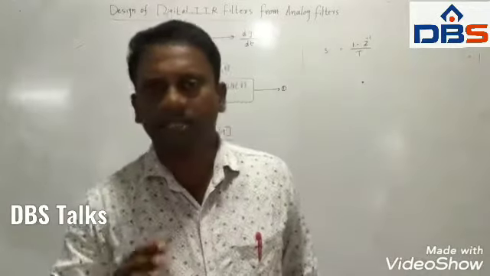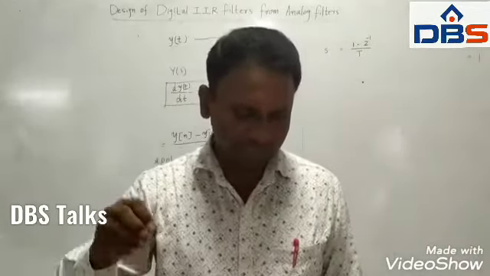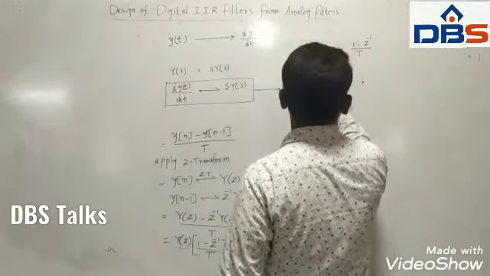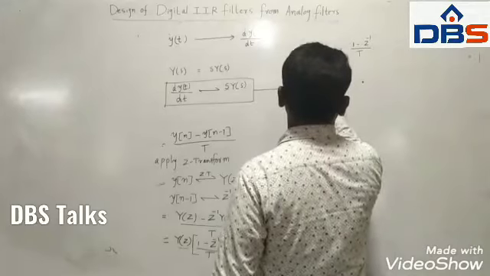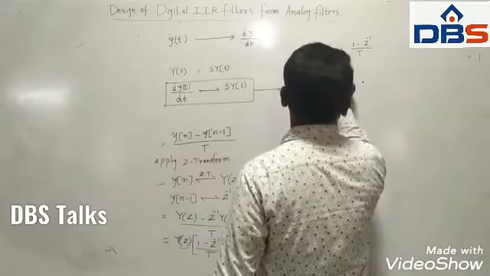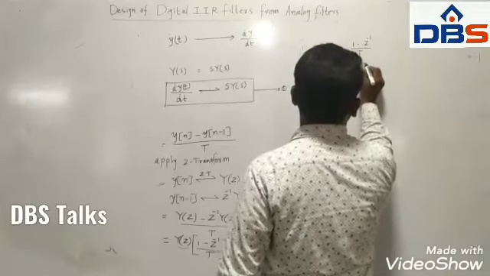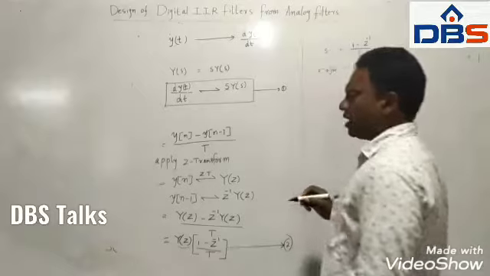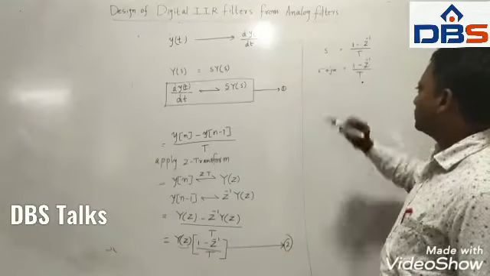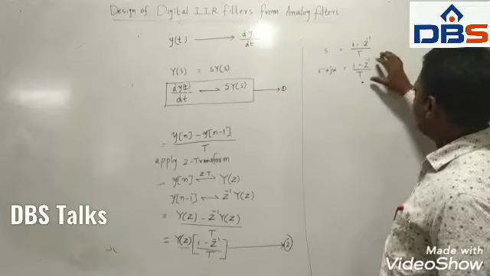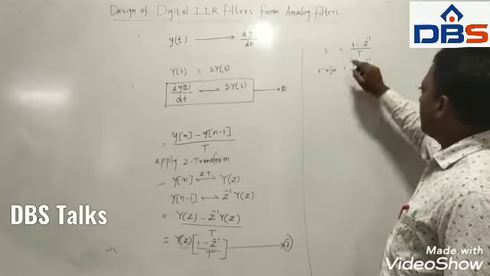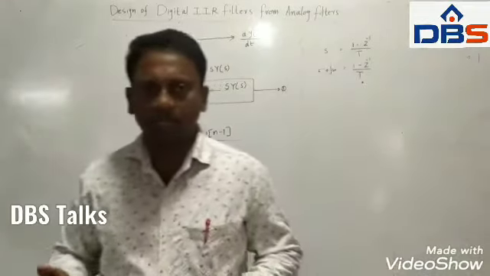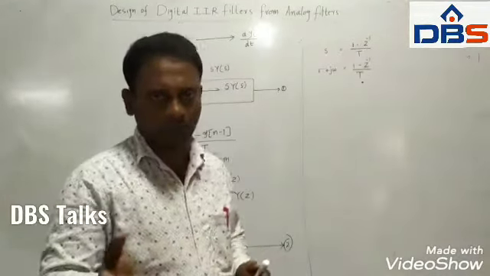S is the complex Laplace operator, so s is equal to sigma plus j omega, where sigma is the real part and omega is the imaginary part, or the frequency. When s is equal to 1 minus z inverse by T, we are converting the S domain to the Z domain.